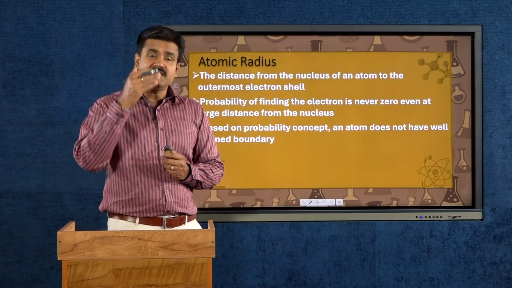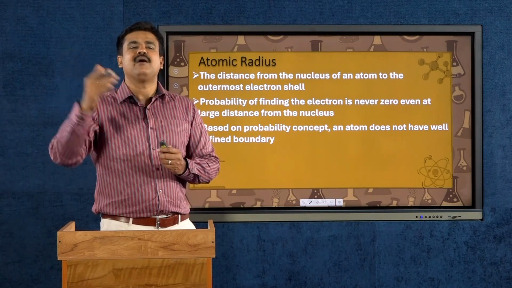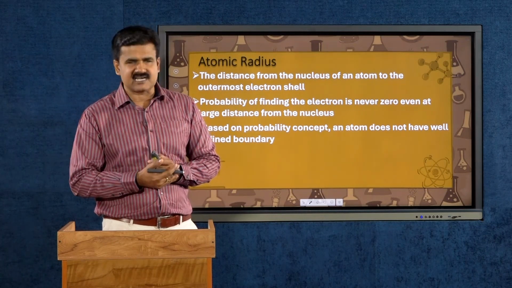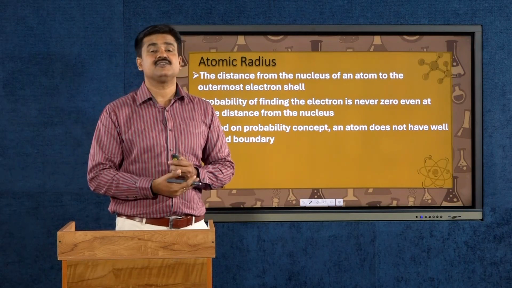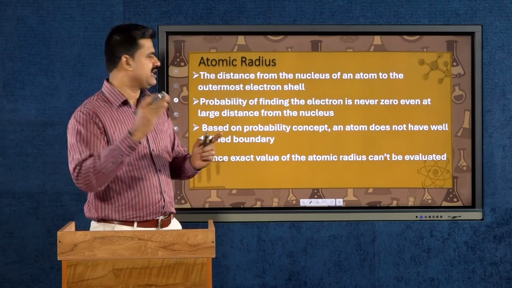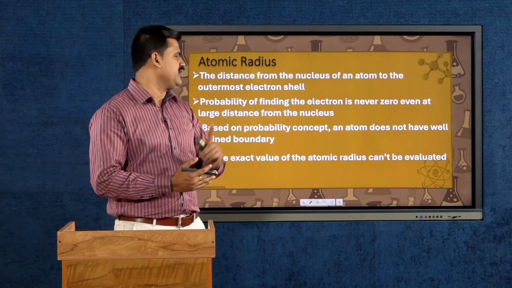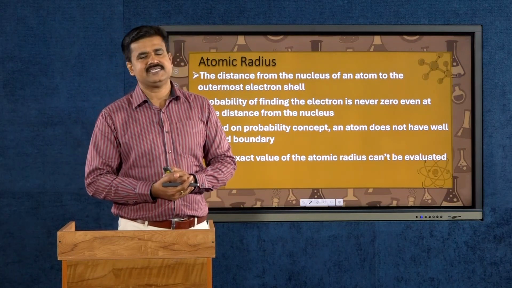So, the demarcation of the distance from the center to the boundary is not a clear concept, and it is too difficult to find the exact value of atomic and ionic radius. Or we can conclude like this: the exact value of atomic radius or even ionic radius cannot be evaluated.